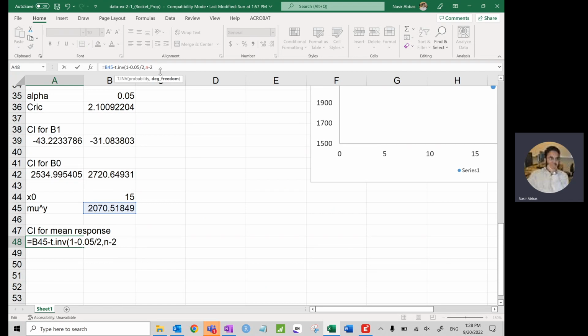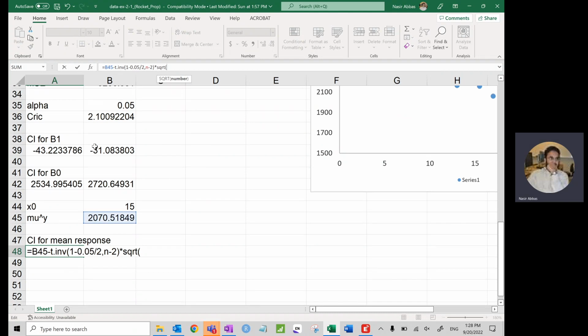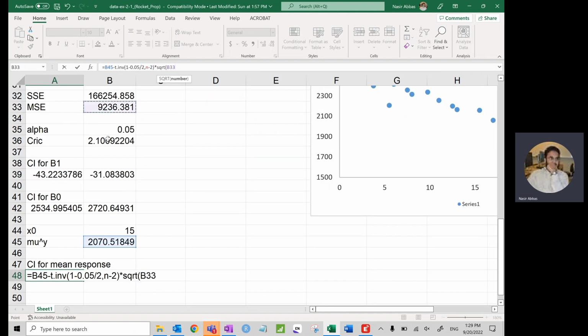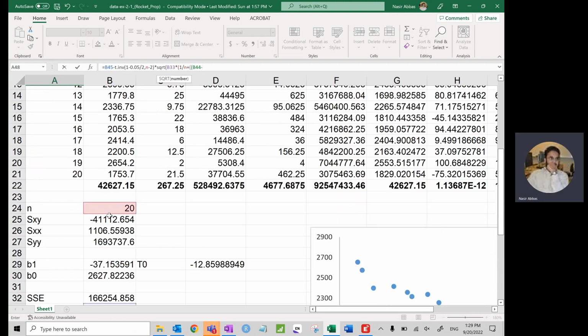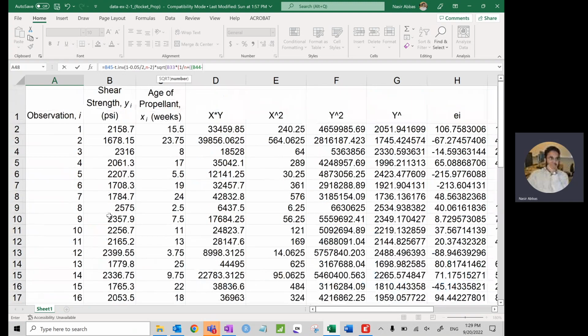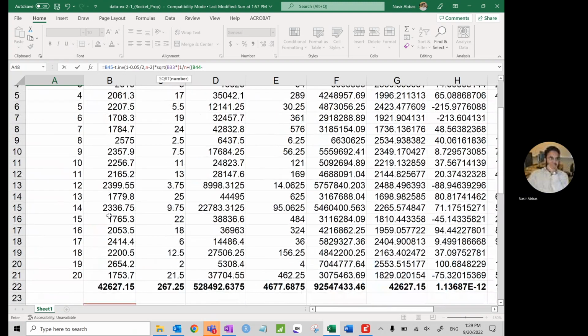Yeah, I can click on critical value times square root of MSE, which is this, times 1 over n plus x naught minus, I think I don't have x bar, right? I forgot to. N is 20.